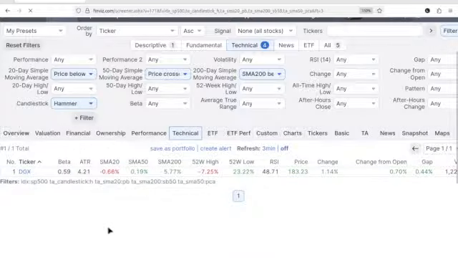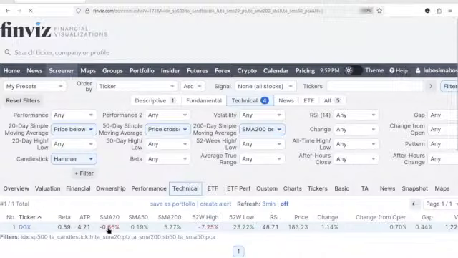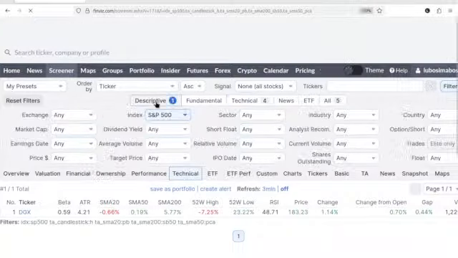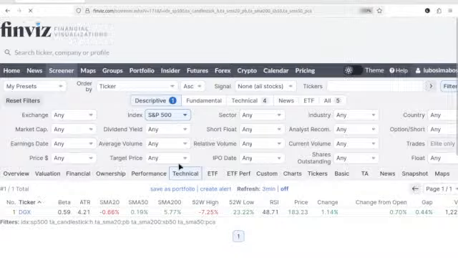Now, let me see. We can check the Russell 2000 as well. There is no harm in that. So we check the S&P 500, then we can check the Russell 2000 as well.